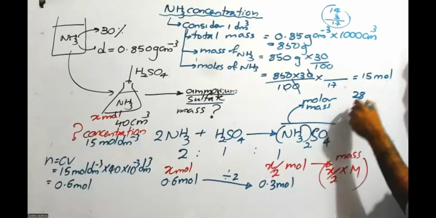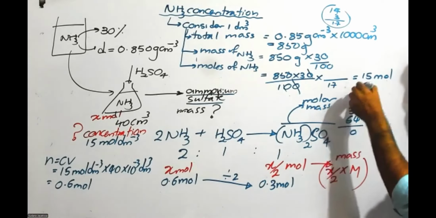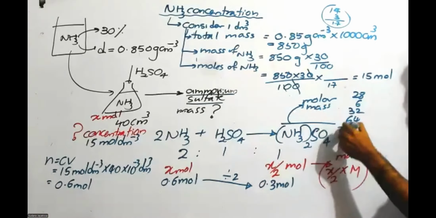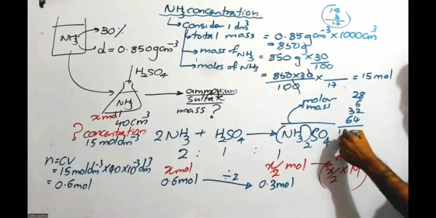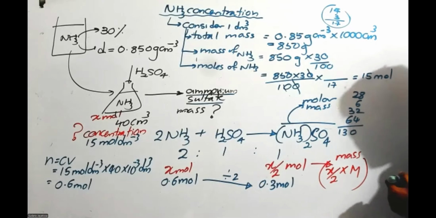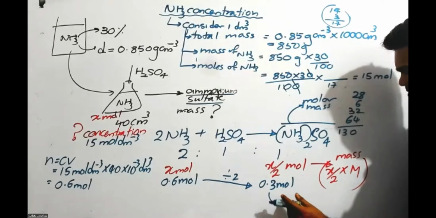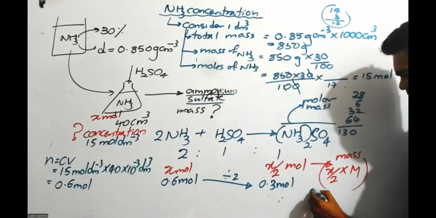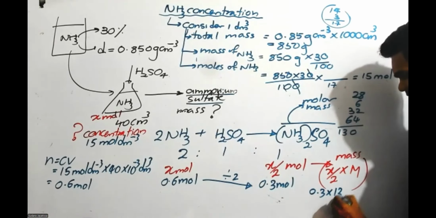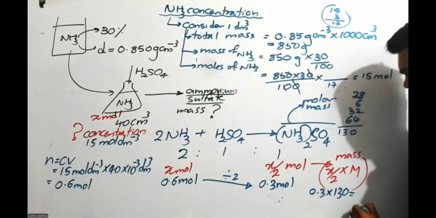And get the sum, you will see 130. Okay, so multiply this by 0.3 by 130. So 39 grams. This is the total mass you can separate.